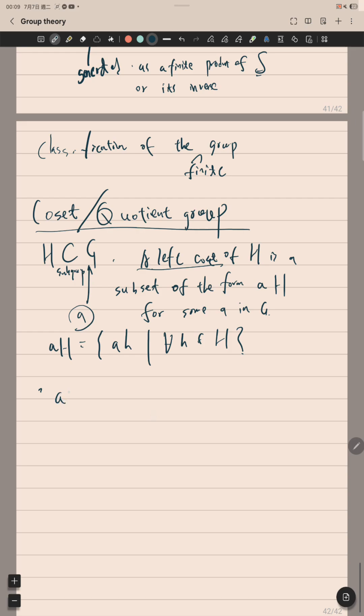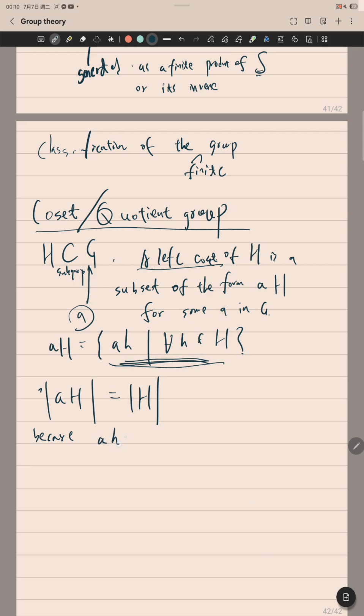The first thing is that the number of elements of aH is the same as H, because no element happens twice: if ah1 equals ah2, then since a has an inverse, h1 must equal h2.